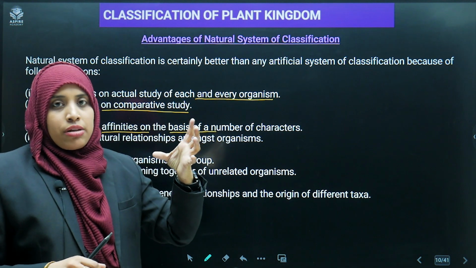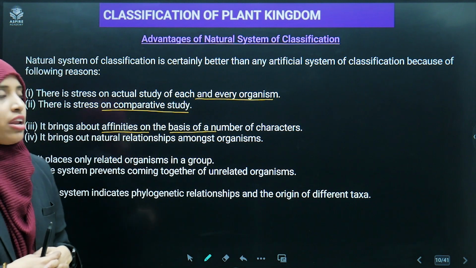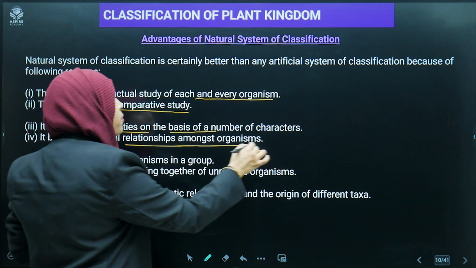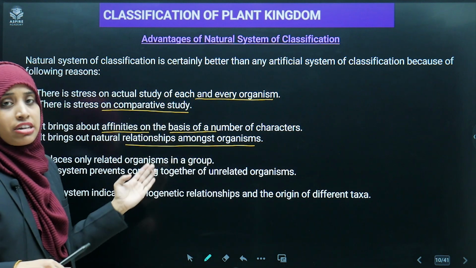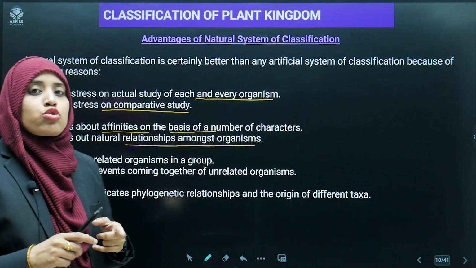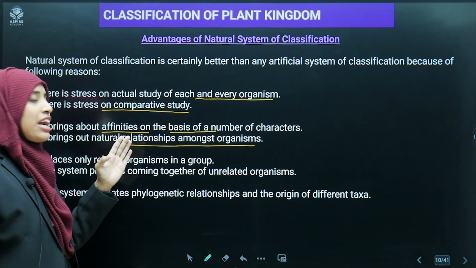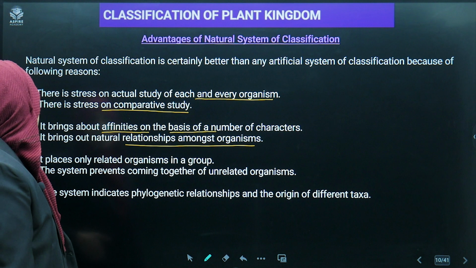Few characters को नहीं बल्कि many characters was taken in comparison. Okay, it bring out natural relationship among the organism. ये भी advantage था. Since natural characters को जो constant characters है उनको लिया गया, so it brings out natural relationship among the organism.